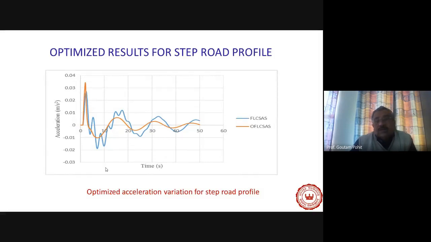See, in all these three cases we find that if we do some optimization analysis, then this is far better than this one. We find that there is too many up and down here, but the optimized result is giving a very good result like this. So the passenger will feel more comfortable if we use this kind of optimized damper.